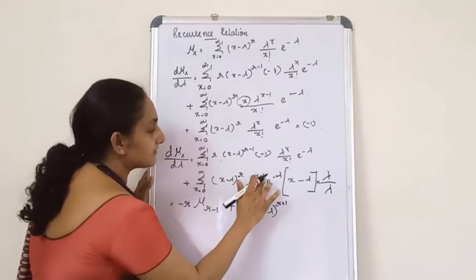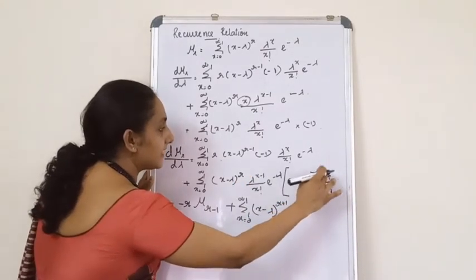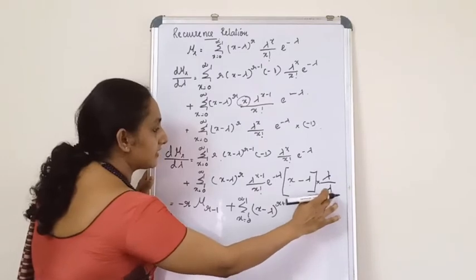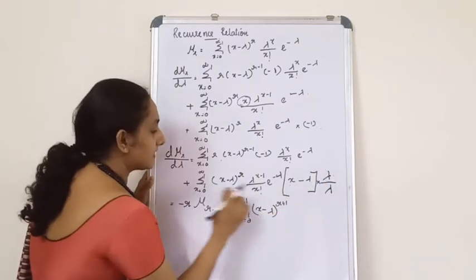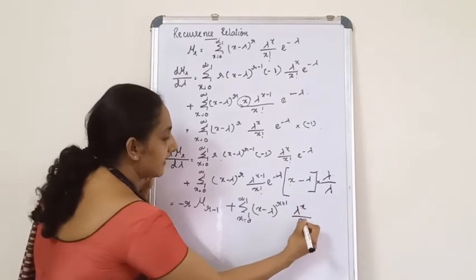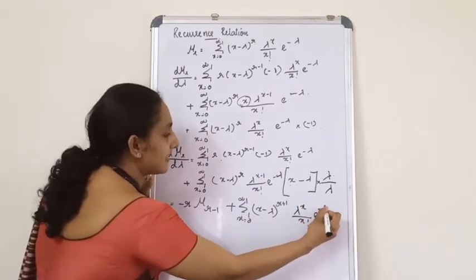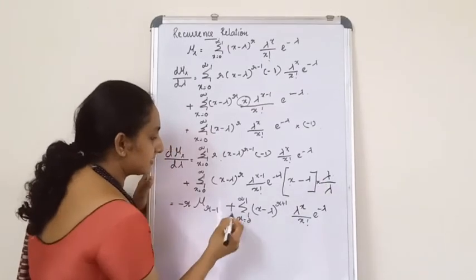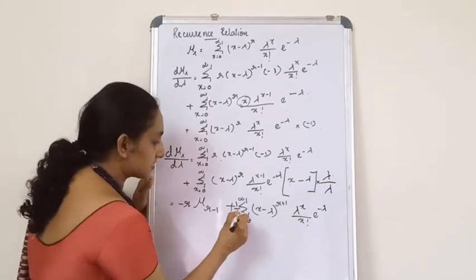Then lambda raised to x minus 1, I have multiplied a lambda over here and divided a lambda over here. So you just consider this numerator part and this one. So you get lambda raised to x divided by x factorial, e raised to minus lambda. Again there is a lambda just in the denominator, so I am going to write it over here.